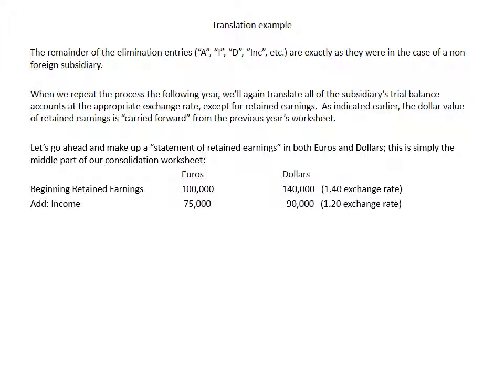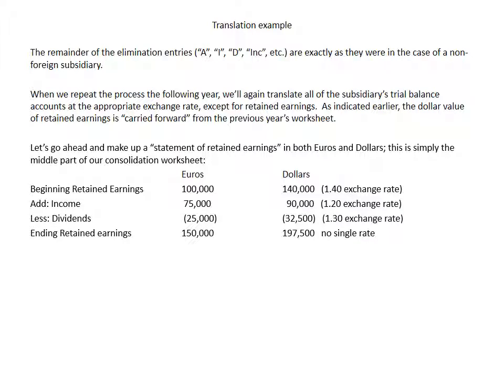Our revenues and expenses were converted at the average exchange rate of $1.20. So in dollars, our net income was 90,000. Less dividends, 25,000 euros. And again, the dividends were converted at the exchange rate in effect on the date they were paid, so $32,500. And so our ending retained earnings is 150,000 euros, or 197,500.